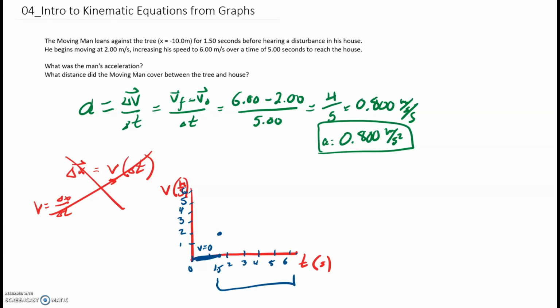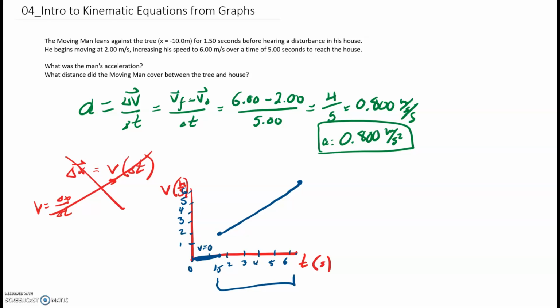And at 6.5 seconds, he reaches his max speed of 6 meters per second. Since we know he increases his speed uniformly, it's a nice straight line. We'll only have straight lines in our velocity graphs. That's him speeding up. Alright, so that's the information that we have.